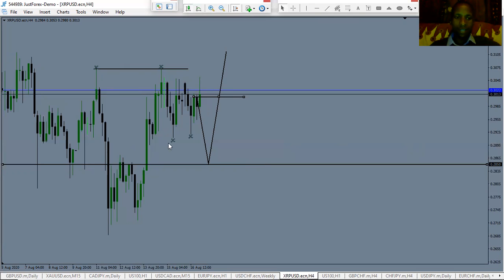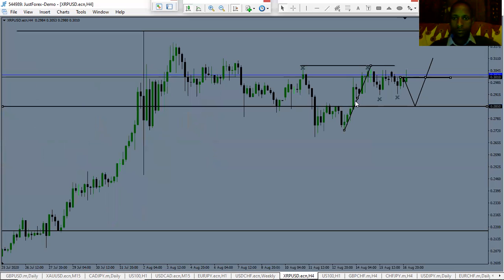You can take this point and mesh it with this one, with this one, but then now we are left with this leg. Then again, you can calculate the height of this and place it here. You can see that very soon this high is going to be raided off.